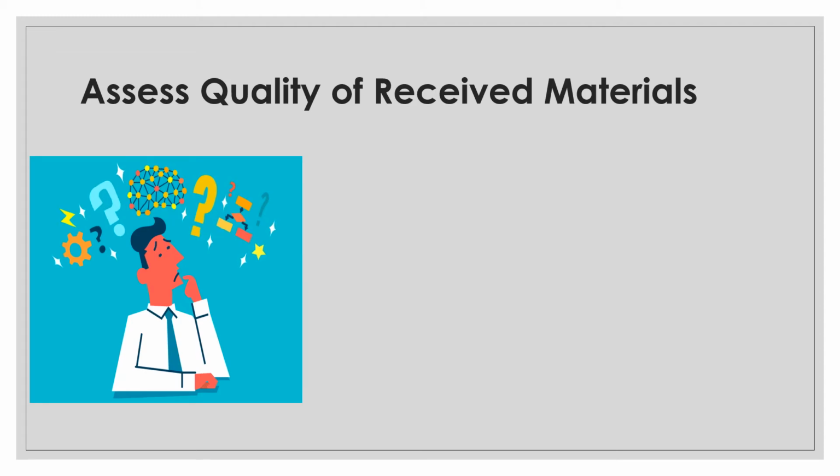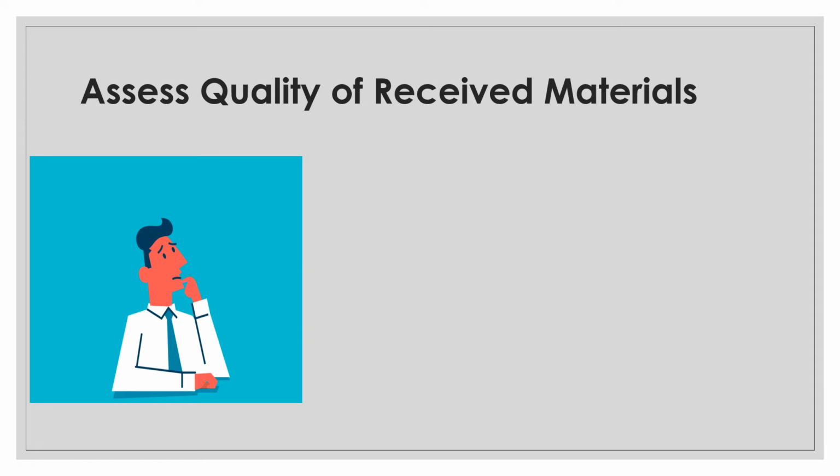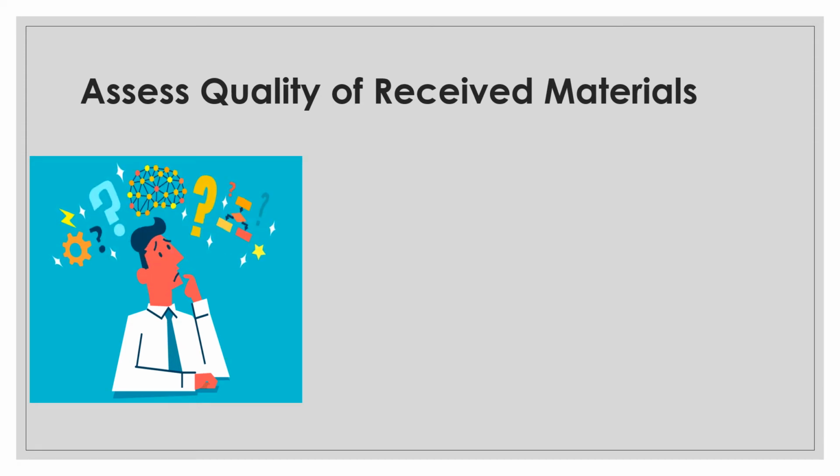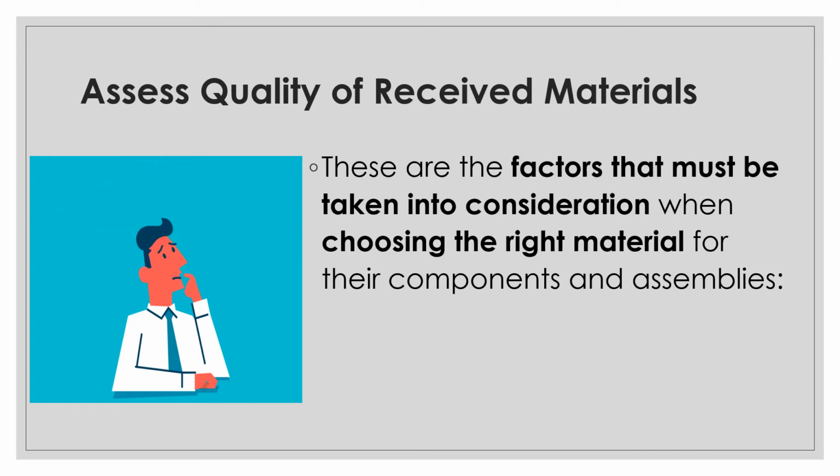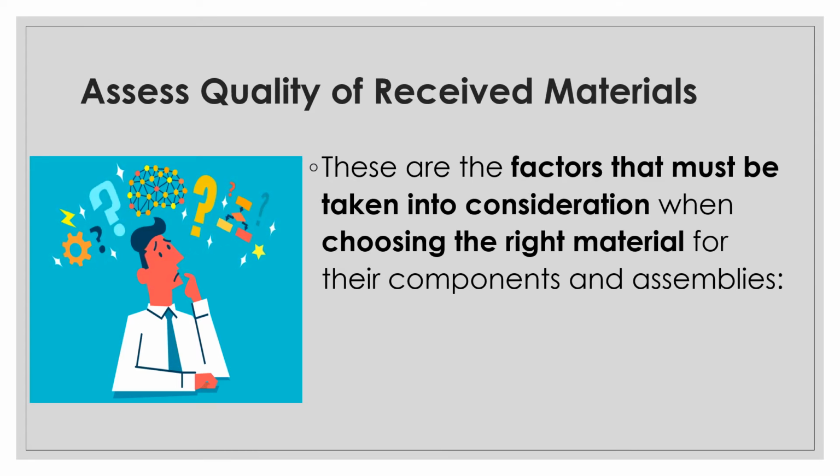Assess quality of received materials, assess own work, and lastly, engage in quality improvement. The first thing that we need to do in applying quality standard is to assess quality of received materials. In order to do this, the student must relate material properties to product and process quality. These are the factors that must be taken into consideration when choosing the right material for their components and assemblies.